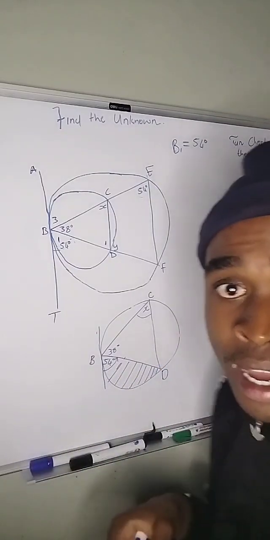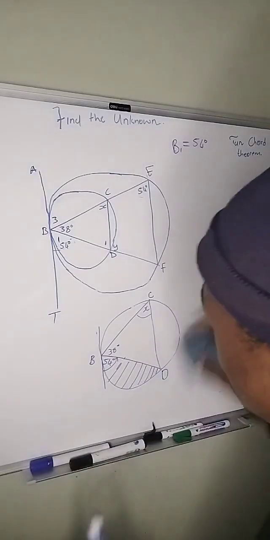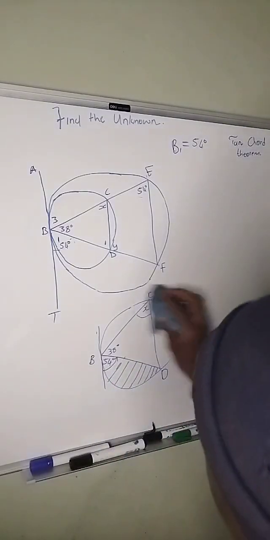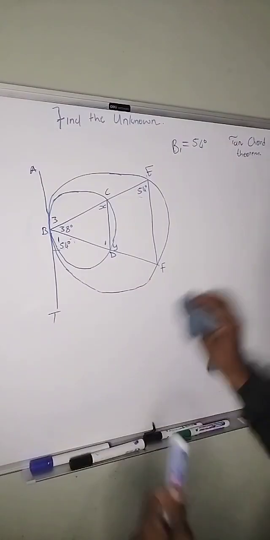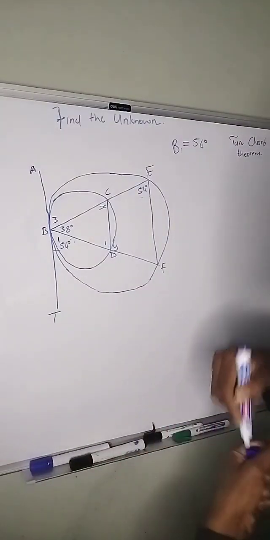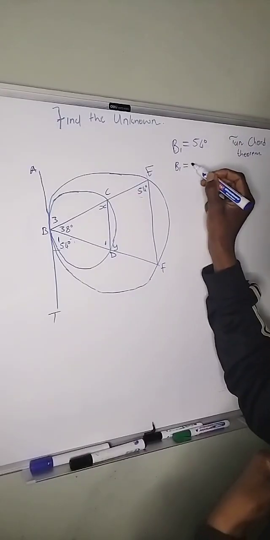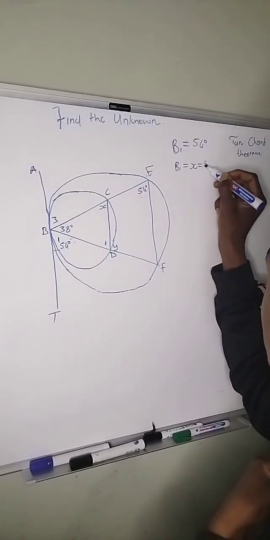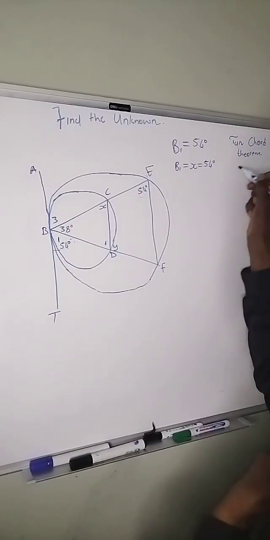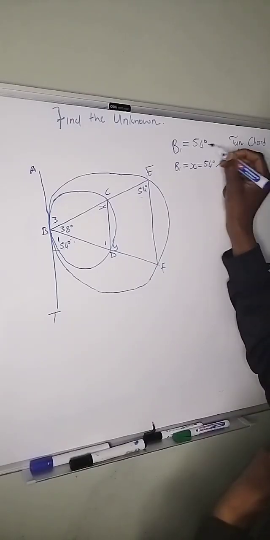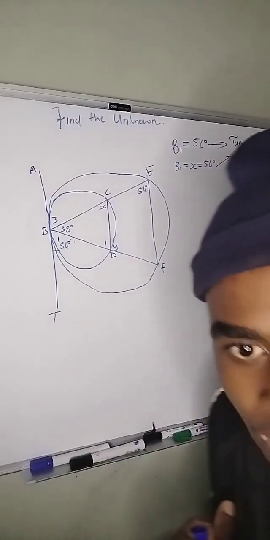So you see, I'm having the real things here. 54 is going to be equal to x. So thank you very much for your participation. So now I'm going to have B1 is going to be equal to x is going to be equal to 54. Reason: tan chord theorem. Ne?